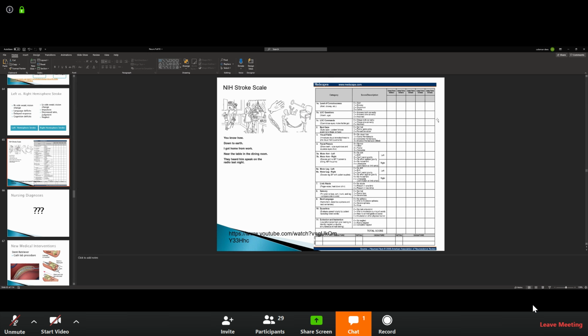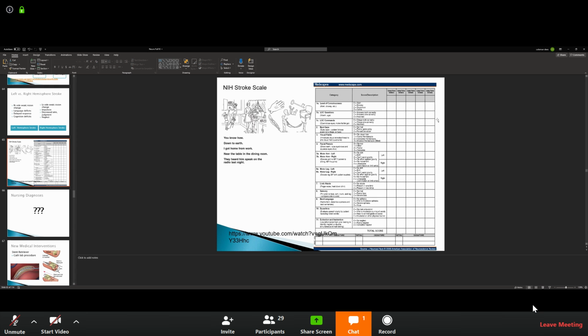It's not much. But it is a comprehensive look at your patient's cognitive, motor, visual deficits, sensory deficits, as well as things like limb ataxia, dysarthria, and extinction or inattention. So I'm going to run through this quickly.